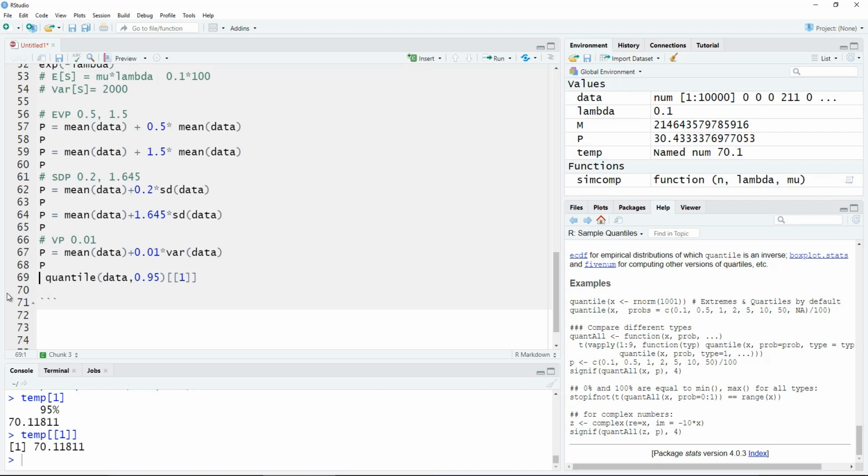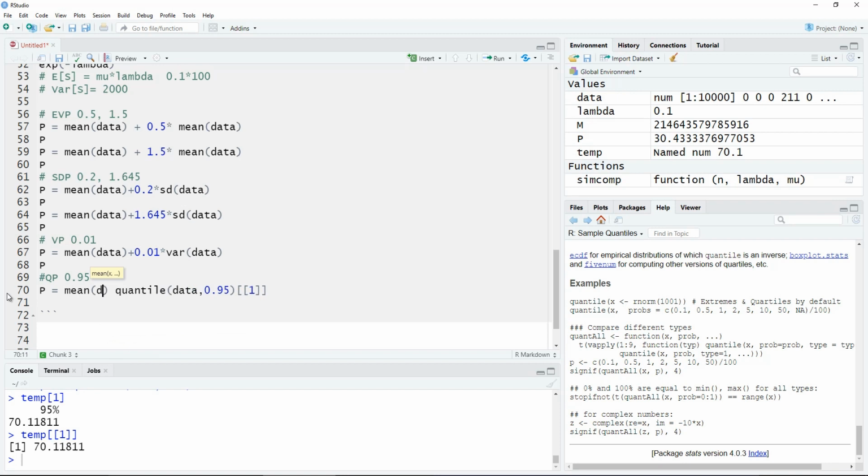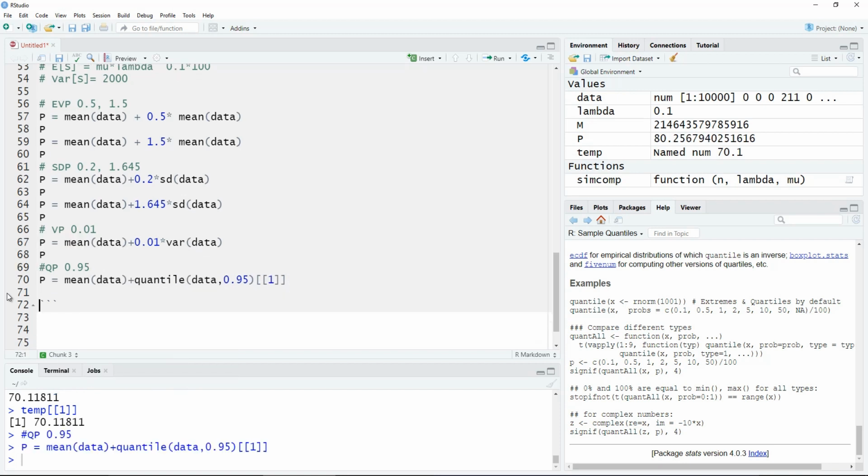Okay. So for quantile principle of 0.95, we will use p equal to mean data plus quantile. So p here will be 80.25.